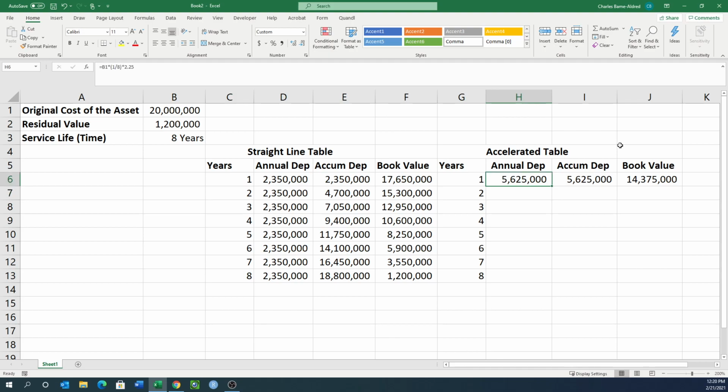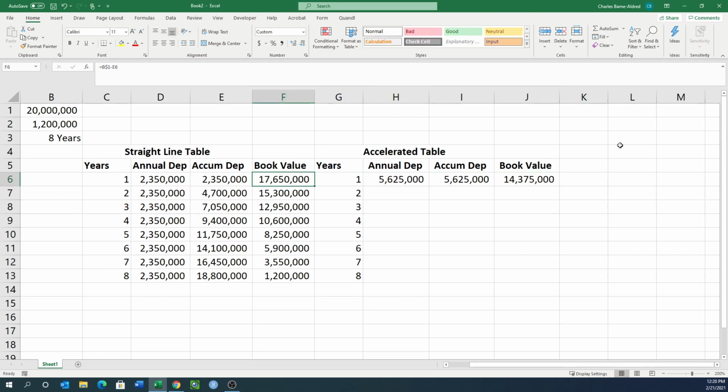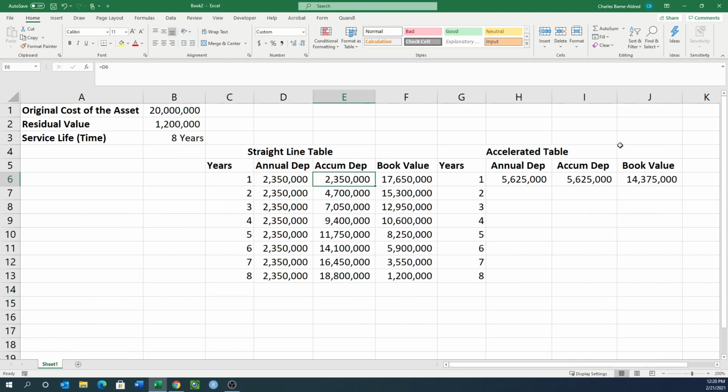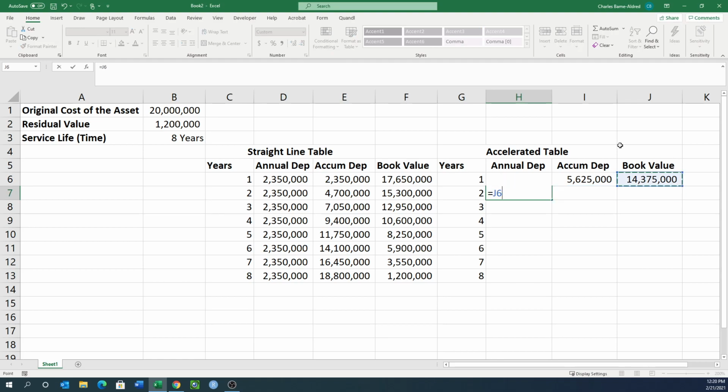But now my book value this year, I used the 20 million because that was the book value at the very beginning. That's not the case anymore. My book value is now down to 14,375,000. So we're going to put in equals my book value, the new book value, so this is the book value for this year, times my straight line rate of 1 divided by 8 times my acceleration factor.